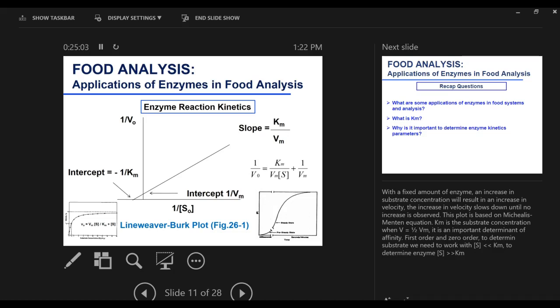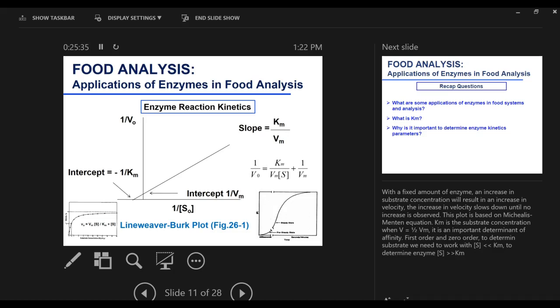But you have the concentration of the substrate. 1 over S is the concentration of the substrate. And then 1 over Vm is your intercept, right here. So from your equation of the line, you can get the intercept. Therefore, you can calculate Vm. And Km over Vm is your slope. So if you have the Vm, you can calculate the Km.